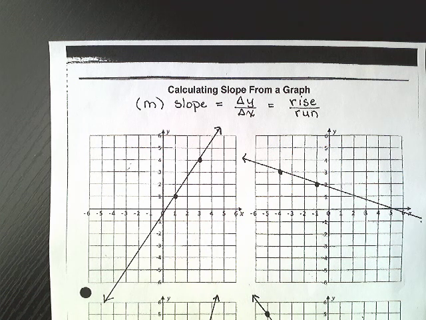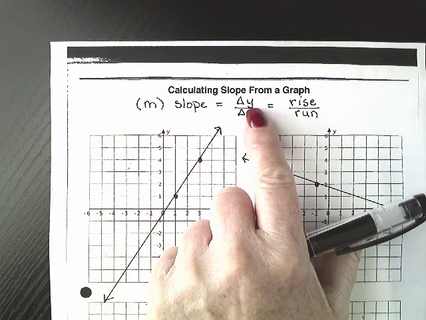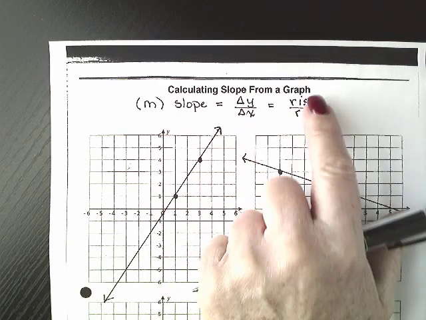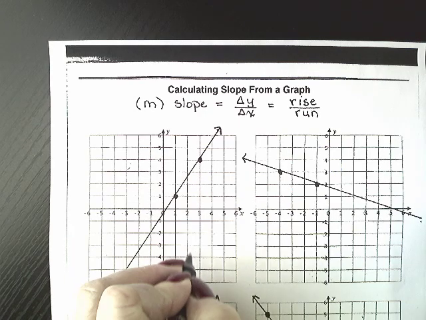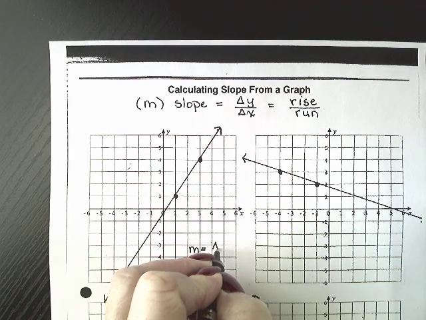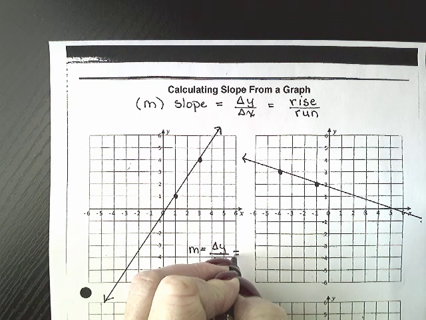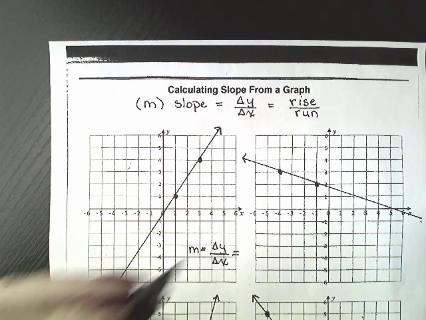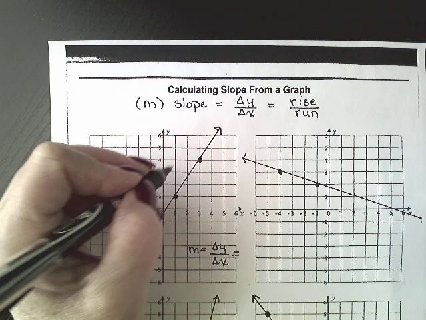All right, so what you want to do is you want to find your slope, which is your change in y over your change in x, your rise over your run. So for every one of these, I expect to see m equals the change in y over the change in x. Okay? So what you're going to do is make a triangle to connect those 2 points.